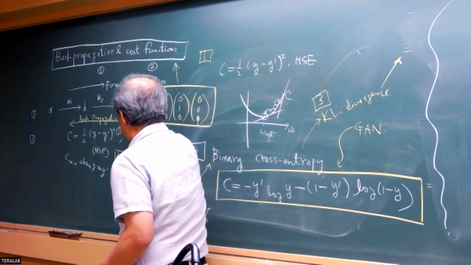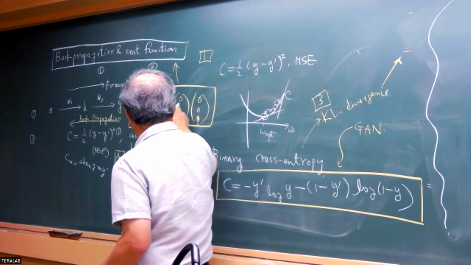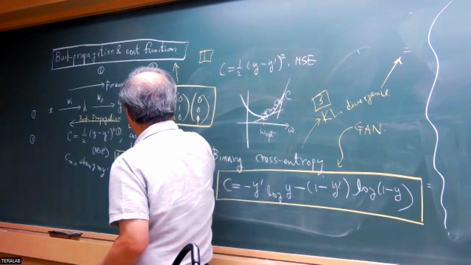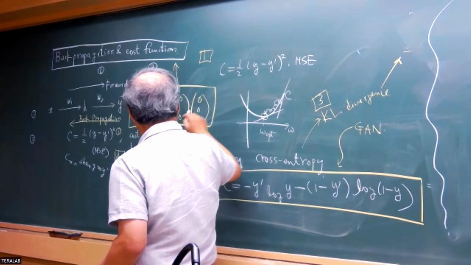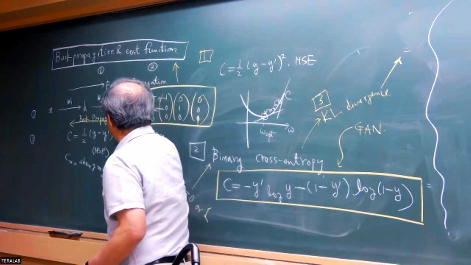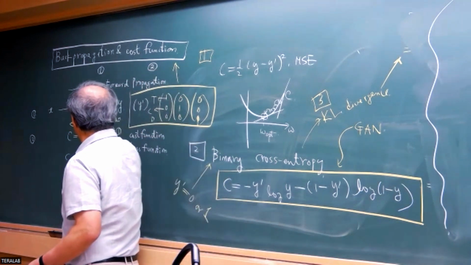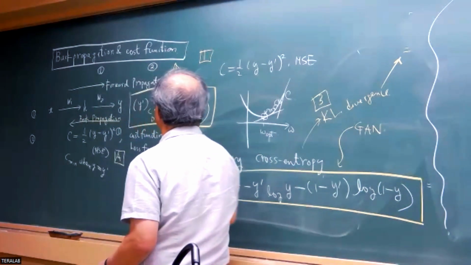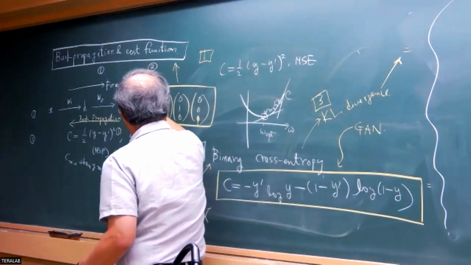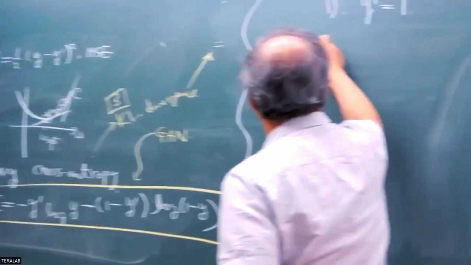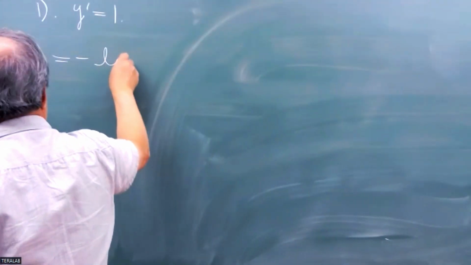If your picture is a cat, the output vector y dash has to be 0, 1, 0. And if your picture is a dog, you may have a y dash vector 0, 0, 1. We have to update W1 and W2 to generate values as similar as possible to these real data values. For the case of tiger 100, this cost function is just becoming minus log y.